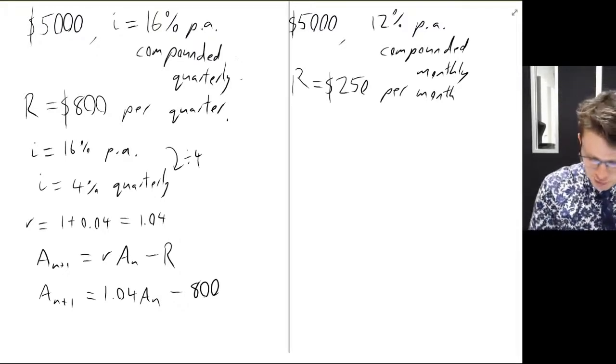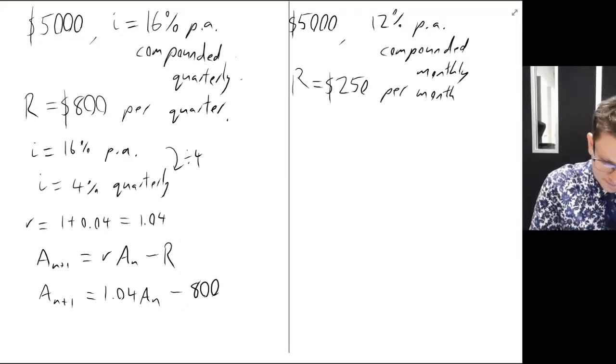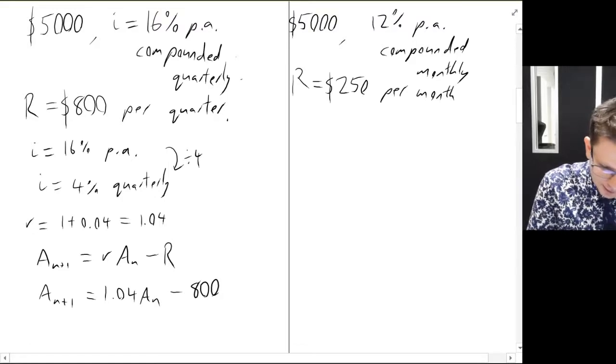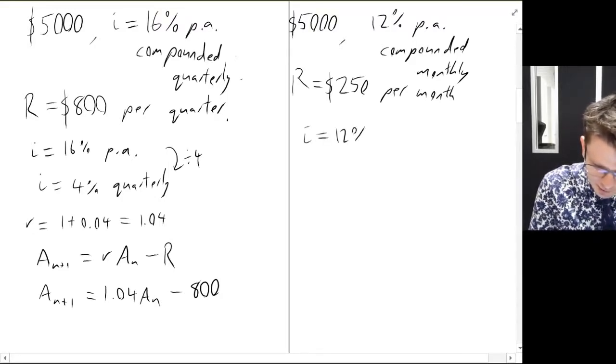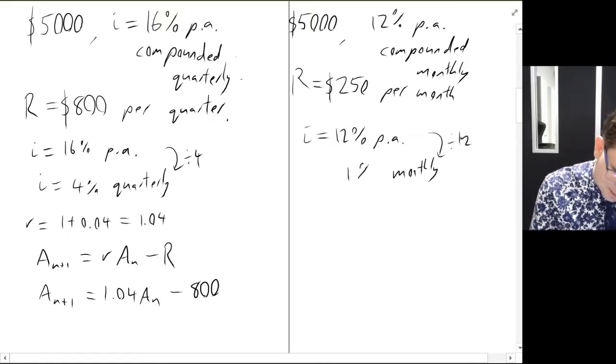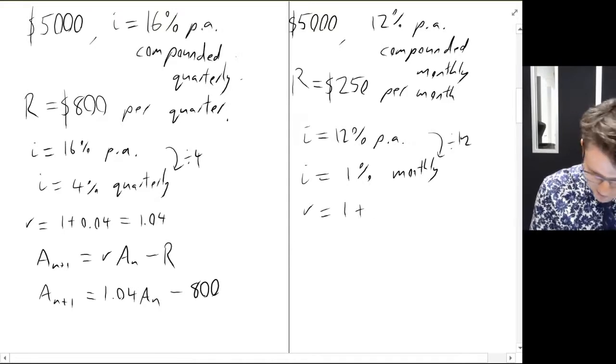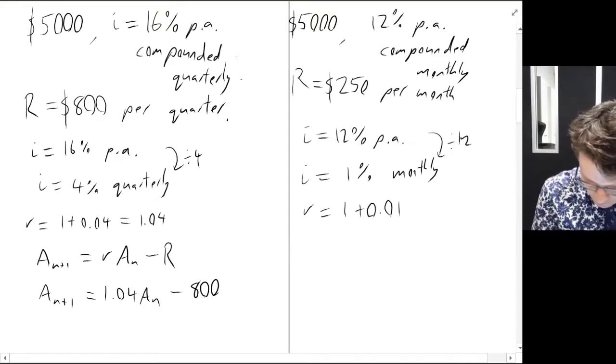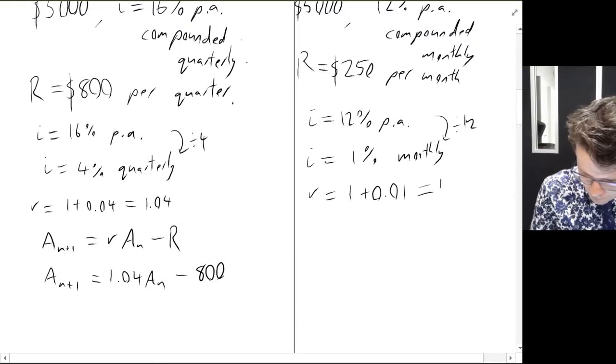Alrighty, so let's actually have a go through and do it. So first of all, we've got to do that I, so 12% per annum, but we want it as a monthly. Got to divide it by 12, so it's 1% per month, and that means R is going to be 1 plus 0.01, or 1.01.